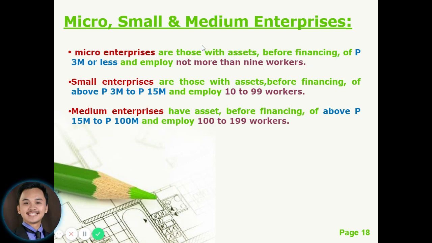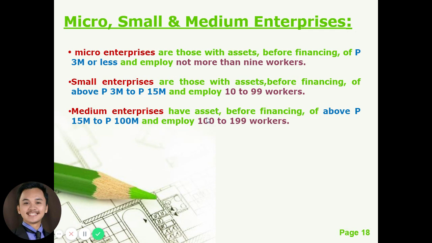Usually it includes mini grocery stores, sari-sari stores, and the like. Another is small enterprises. These are entities with assets before financing of above 3 million to 15 million and which employ 10 to 99 workers.